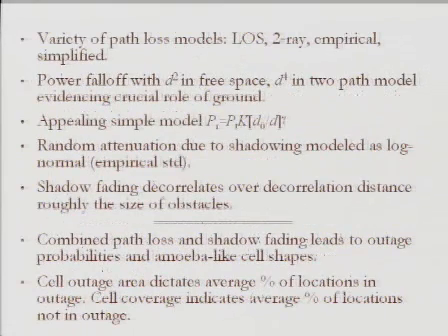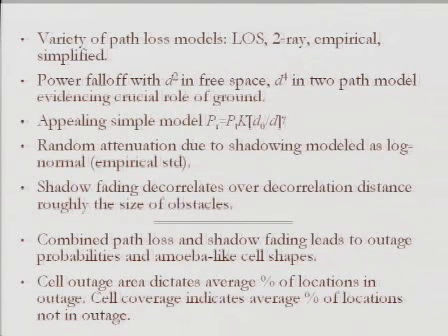Then we went over a number of path loss models. The simplest one we saw was the line of sight model, which is an idealization where the receiver and the transmitter are in free space. There's nothing else in the universe, and so the wave just goes from one to the other in a straight line. We saw that has a very simple behavior that's given by the Friis formula.